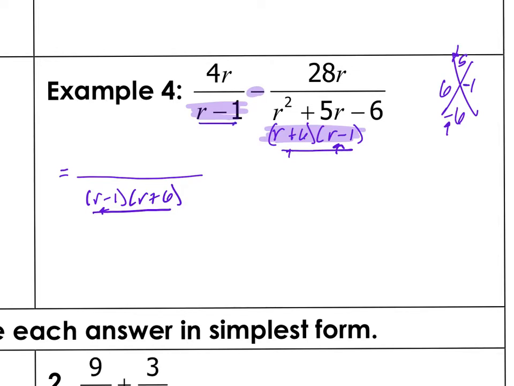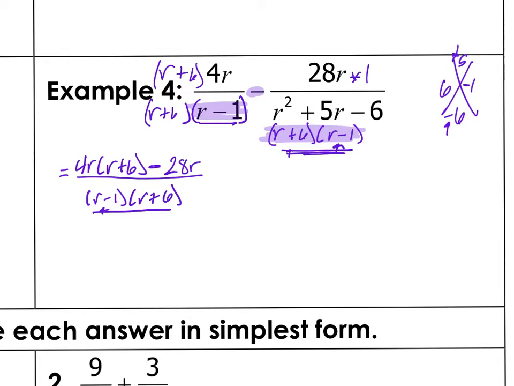Then we're going to say, what do I need to multiply this denominator by to make it look like my common denominator? Well, r plus 6. So that means I'm going to multiply this one by r plus 6. And then what do I multiply this one by? Well, 1, right? Times 1, it's already there. So here we go. So I've got 4r times r plus 6 minus 28r.